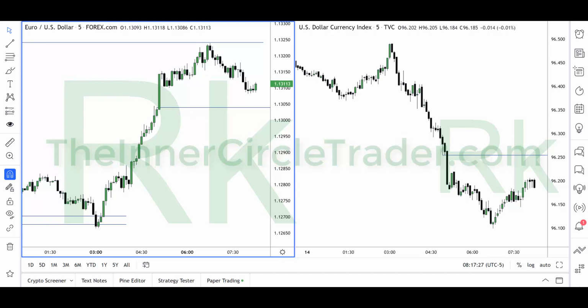So for the purposes of the framework, I'm looking for initial signs that we're going to get basically the first stage of distribution on euro dollar and first stage of accumulation on the dollar index.